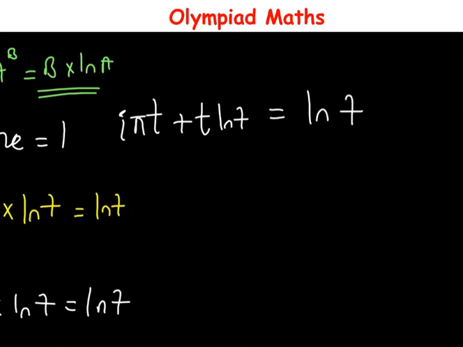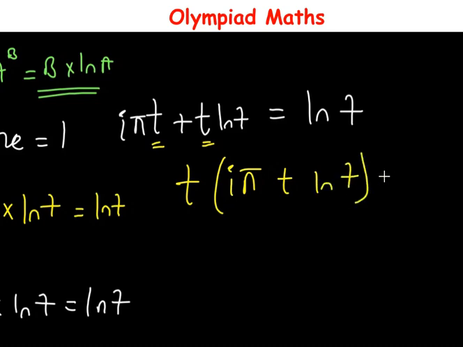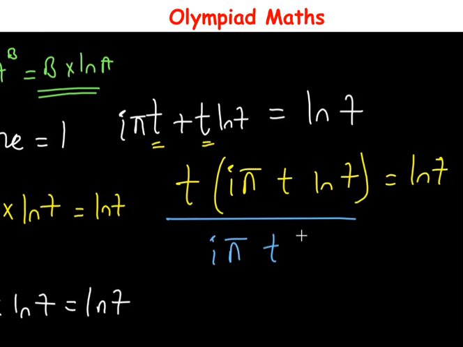At this junction, we have a common factor which is t. So factorize out t from here. We are left with t times (i pi plus ln 7) is equal to ln 7. Now to solve for t, simply divide both sides by (i pi plus ln 7).